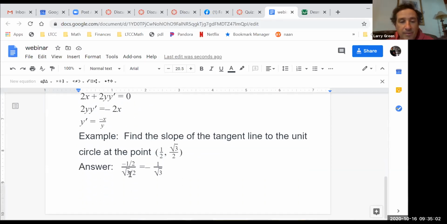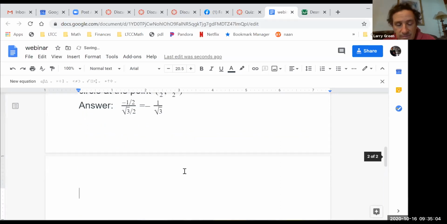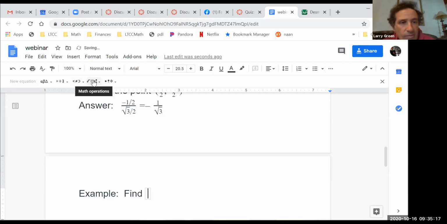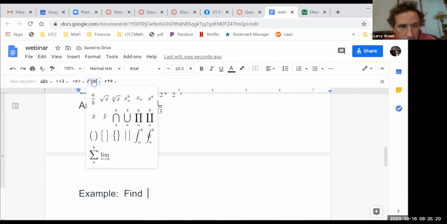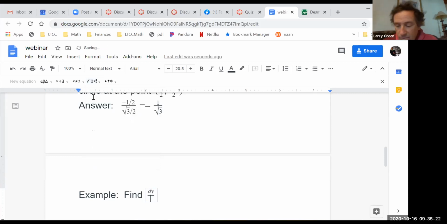So let me do an example. Find dy dx at the point (2, 1).